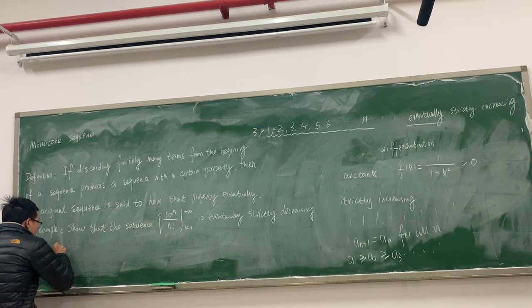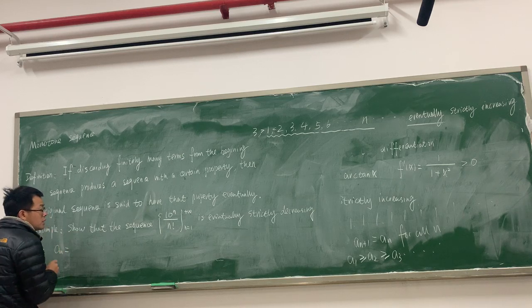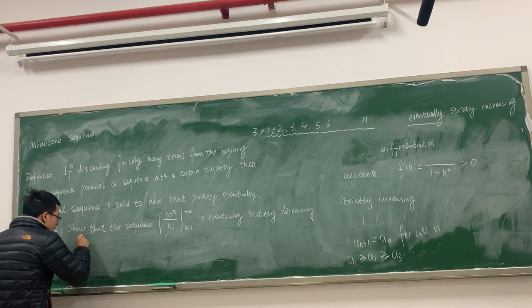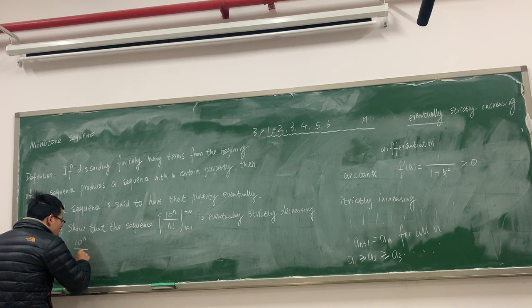Here a_n equals 10 to the nth power divided by n factorial.